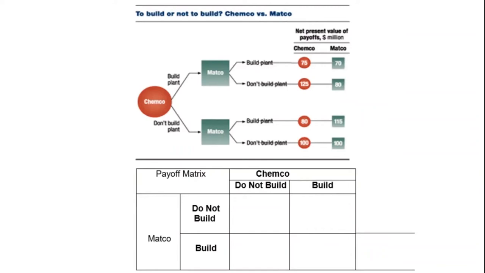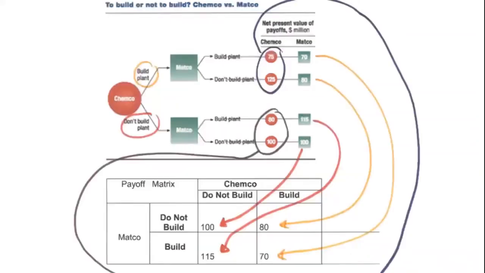The decisions then are to build or not to build. And here are the numbers entered in a payoff matrix. So I'm taking Matco's numbers. There are 4 of them. Matco's numbers are shown in green. So the arrows I have here show you where I'm putting the 4 numbers for Matco in the matrix.